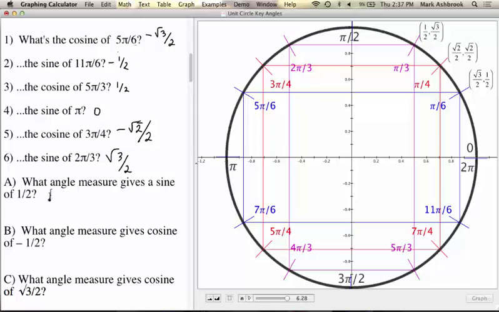Yeah, because when we're on our way up around the circle, we hit 1/2 of a radius length up, and then on the way down, we hit 1/2 of a radius length up again. So there's more than one answer, two answers. Is that right? It's right if what?